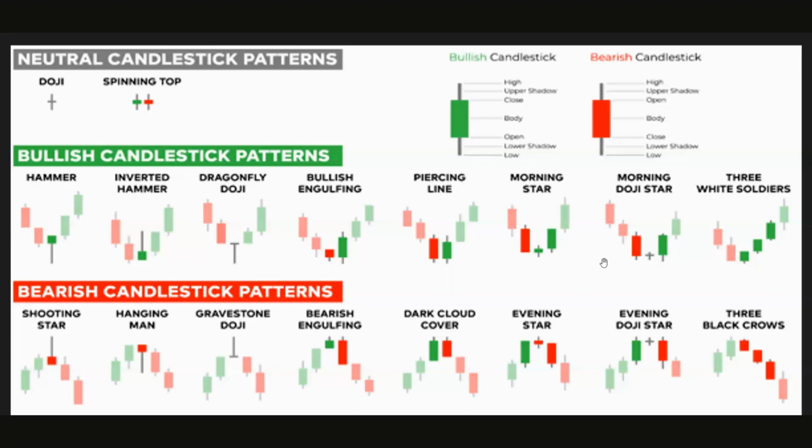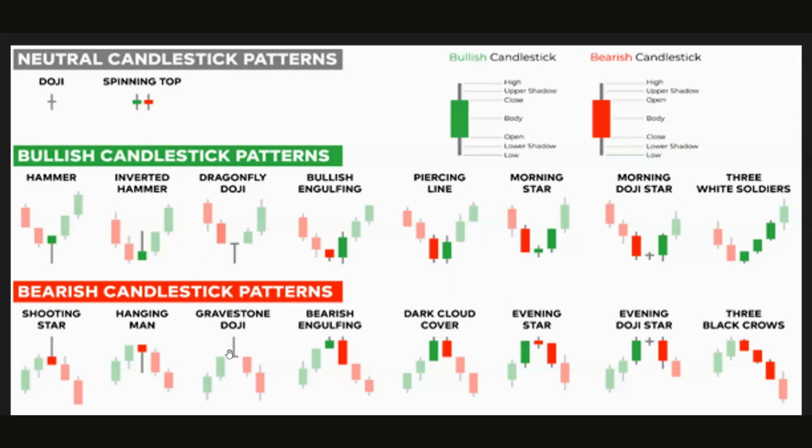And if we're looking at bearish candlestick patterns, it's similar, just in reverse. The shooting star is literally the inverse of the hammer. We were in an uptrend, and then sellers started to come in and push the stock price back down, and then we jump right into bearish candles and into a downtrend.